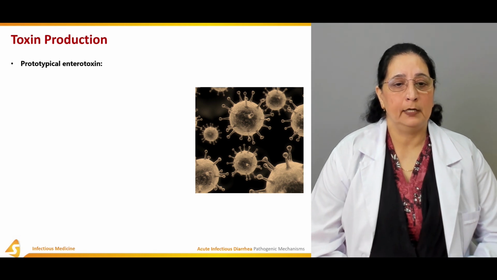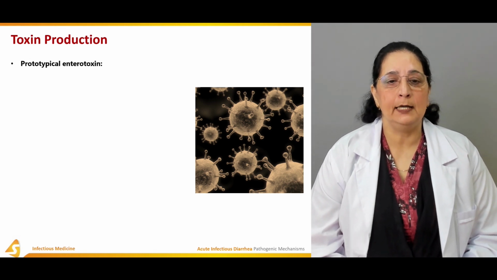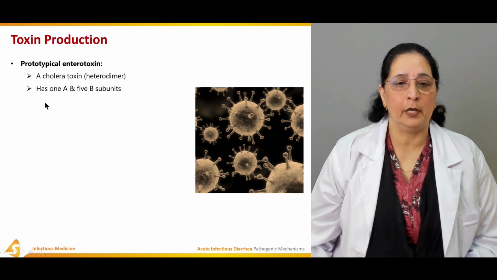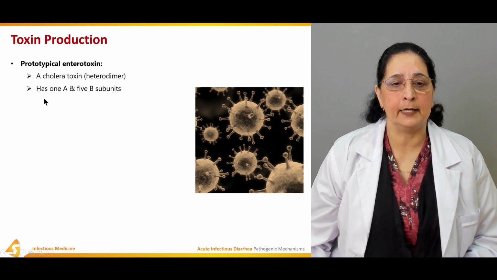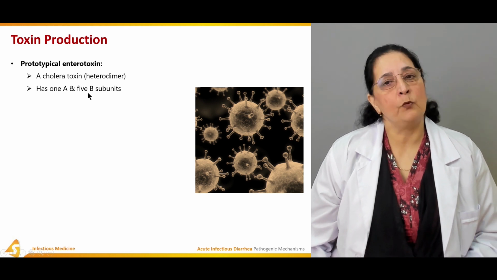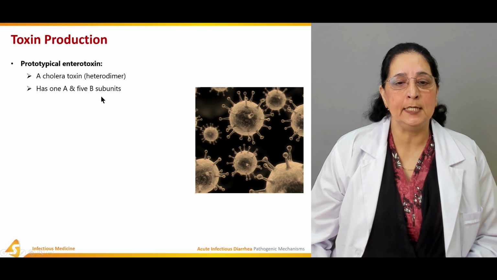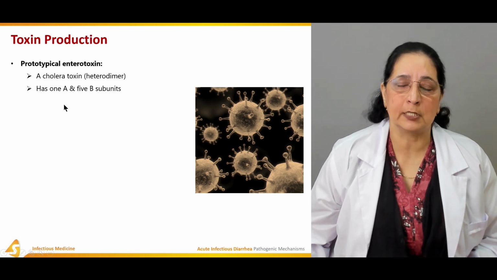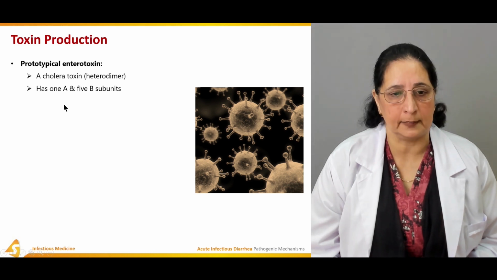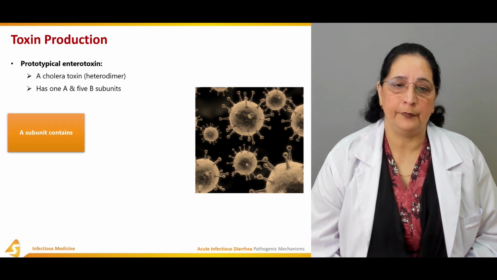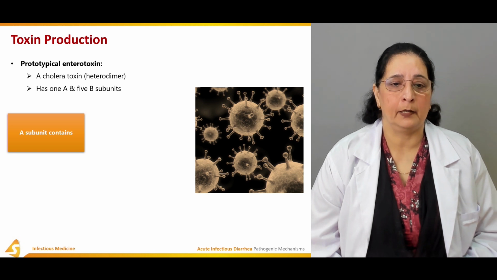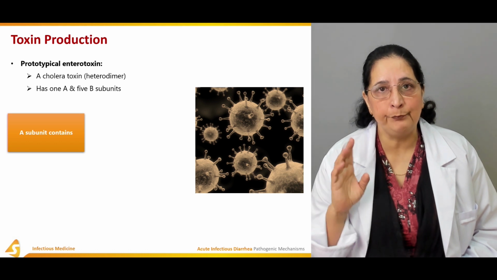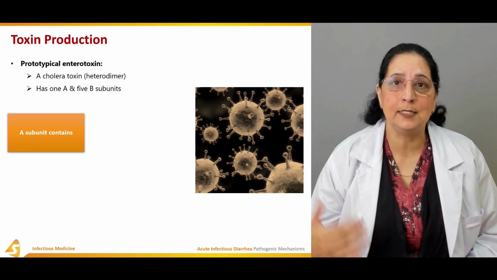Next, we have the prototypical enterotoxin, which is the cholera toxin, and it has 1 A and 5 B subunits. What are these subunits?